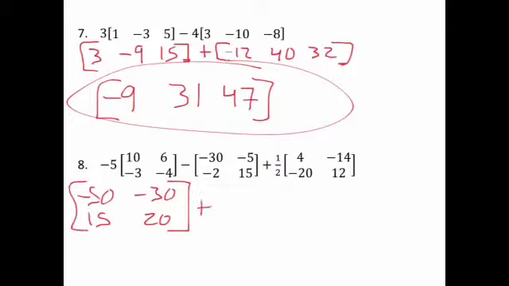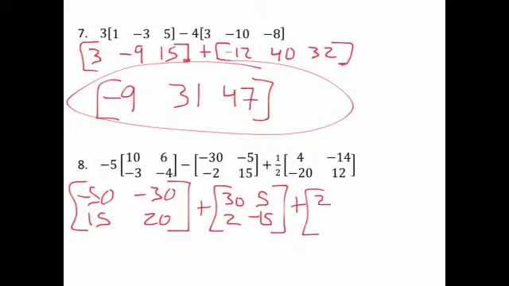And I'm going to get plus 35 to -15. And then I'm going to add the next piece, which is going to give me 2, -7, -10, and 6.